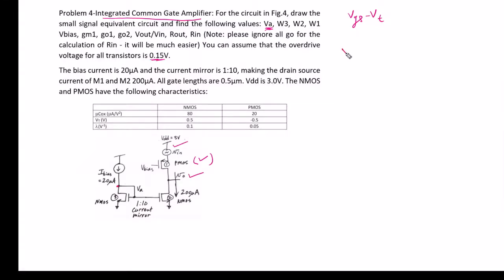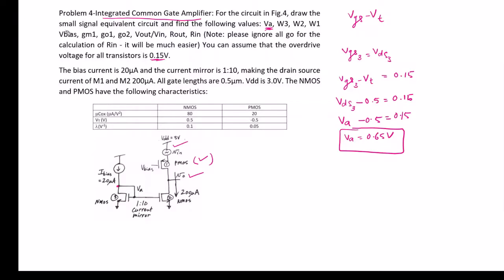So we can write VGS3 equal to VDS3, and the overdrive voltage of the third transistor is VGS3 minus VT equal to 0.15. So we can write VDS3 instead of VGS3, and VT is given as 0.5 volt, so VDS3 is equal to VA minus 0.5 equal to 0.15. So VA will be equal to 0.65 volt.